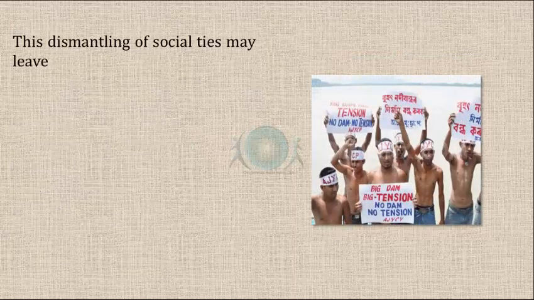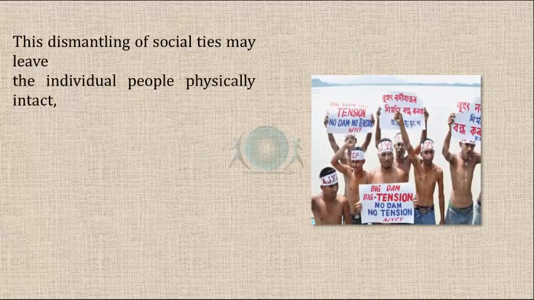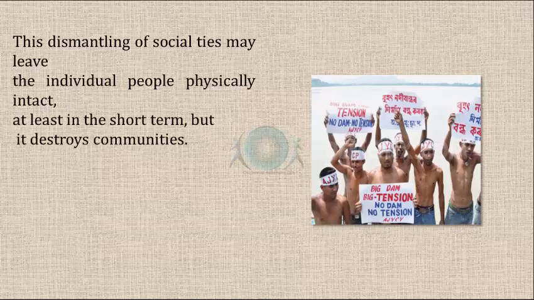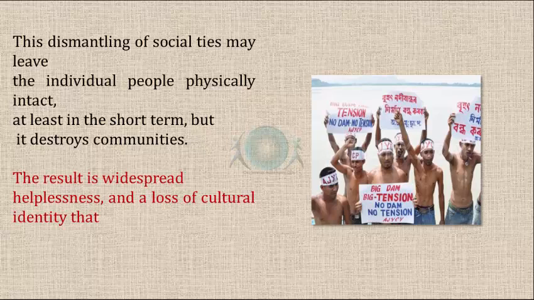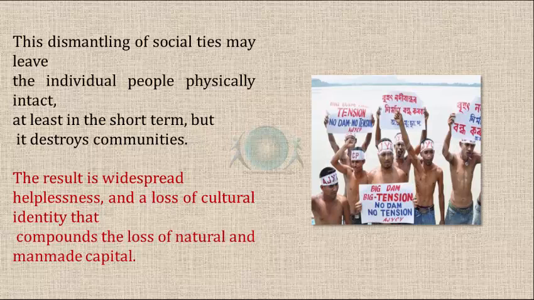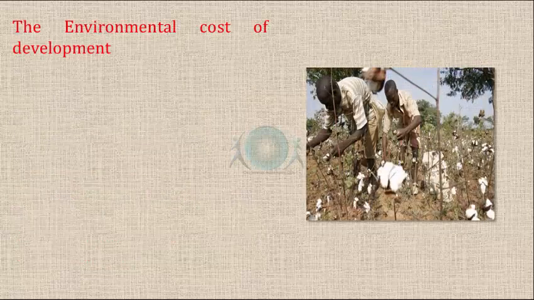This dismantling of social ties may leave the individual people physically intact, at least in the short term, but it destroys communities. There is a widespread helplessness and loss of cultural identity that compounds the loss of natural and man-made capital as well. The environmental cost of development, therefore, is huge.